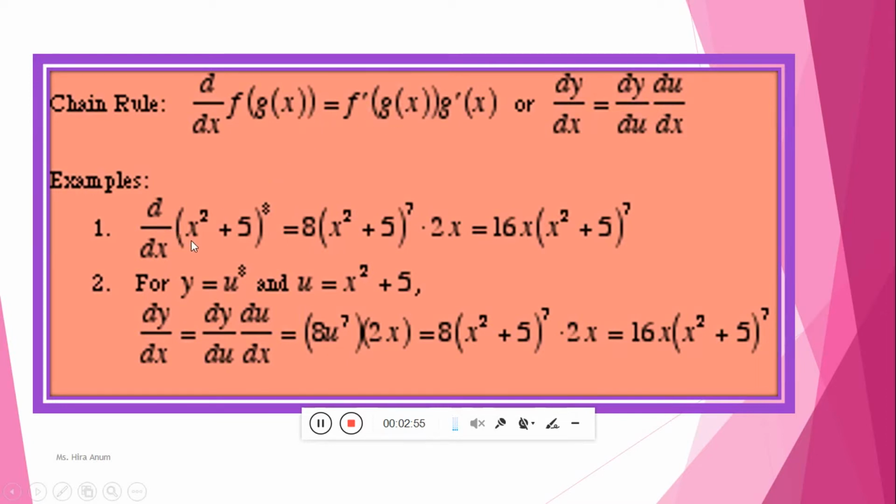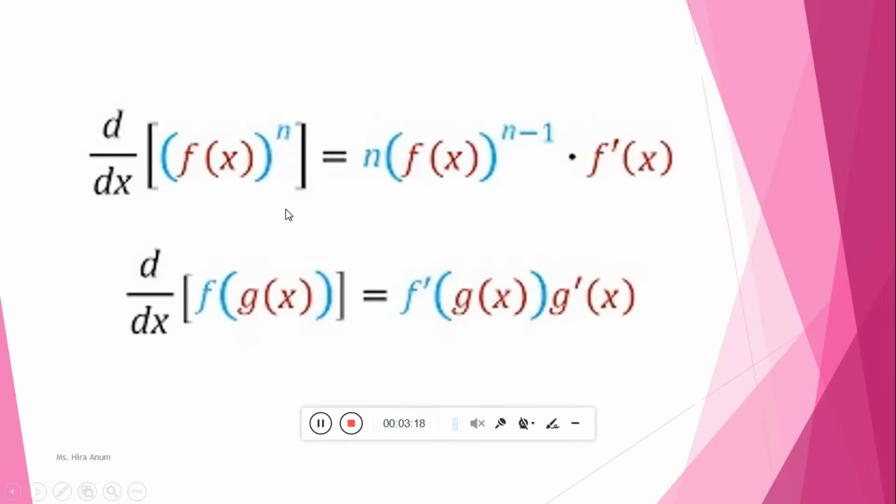d/dx of (x^2 + 5)^8, where 8 is the power. First of all, we take the derivative of the outer function, so 8 multiplies here, and x^2 + 5 remains the same, and the power 8 minus 1 is 7.